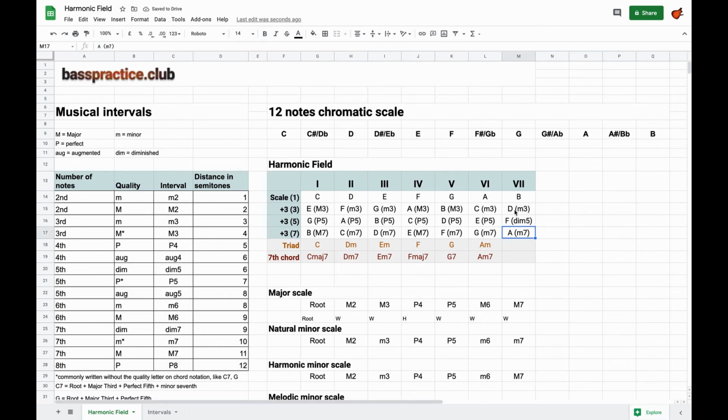So the triad is a minor, but the 5th is diminished. It would be something like B minor diminished, but this is too much. A diminished chord or a diminished triad will always have a minor third and a diminished 5th. And we use the small circle symbol here. So this means that this triad is diminished. But we have here a minor 7th chord.